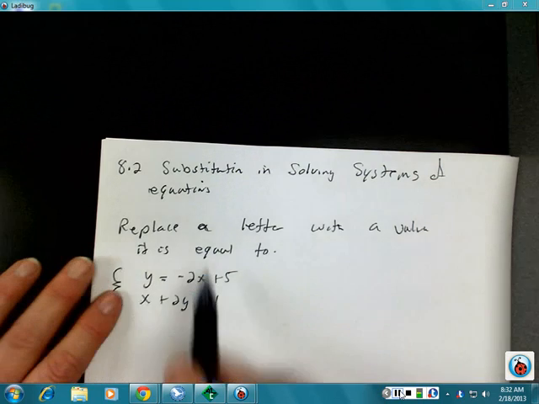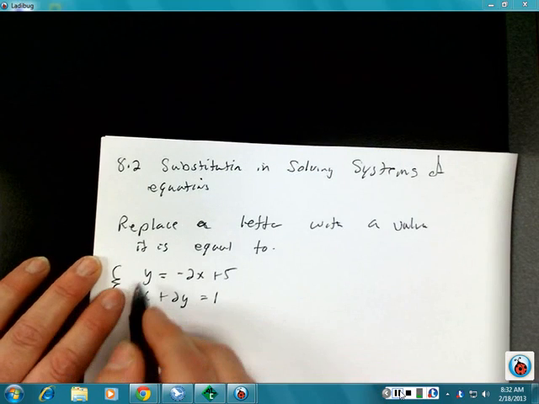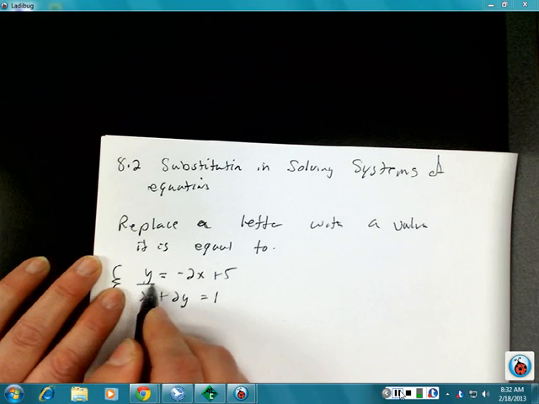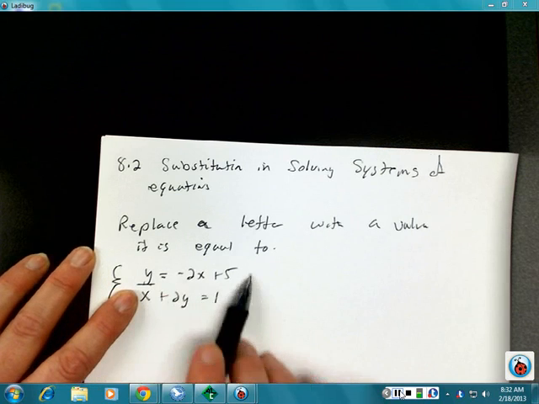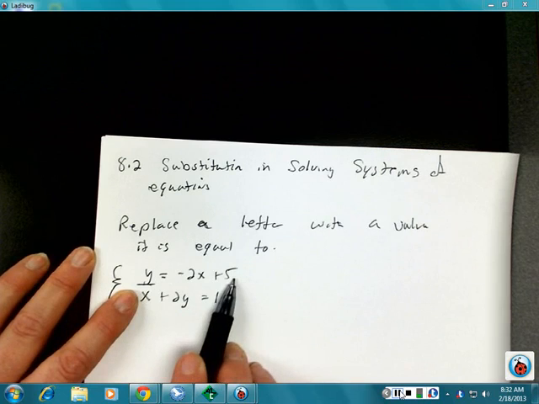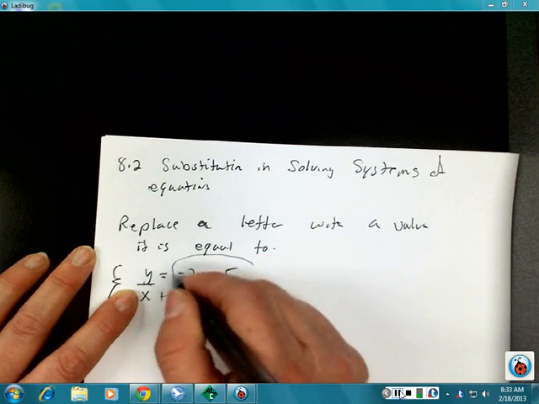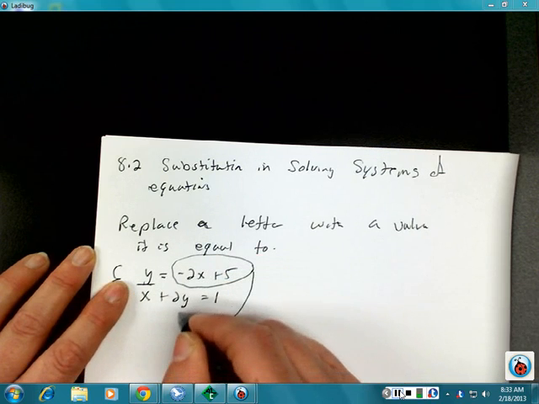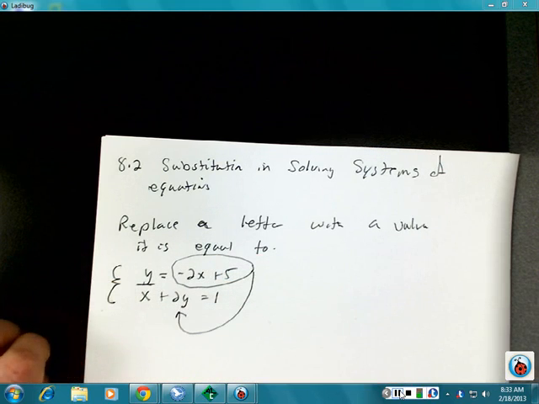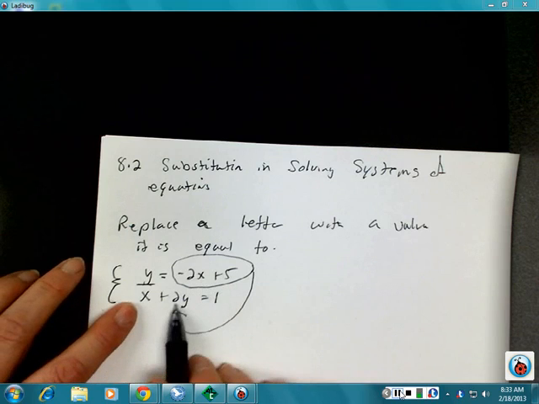And what makes this one good for substitution is if you notice the first equation, it's telling me y is equal to negative 2x plus 5. You see that part? Because it tells me y is equal to this piece, I can take this whole piece, take it down here, pull out y, and stick this thing in its place.